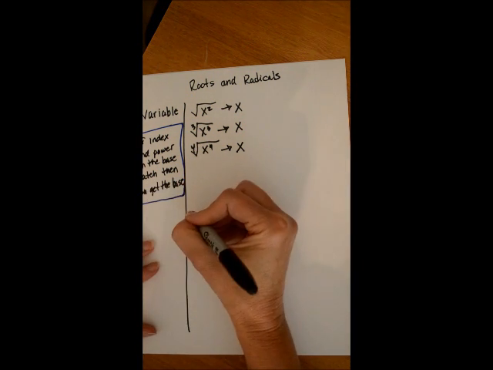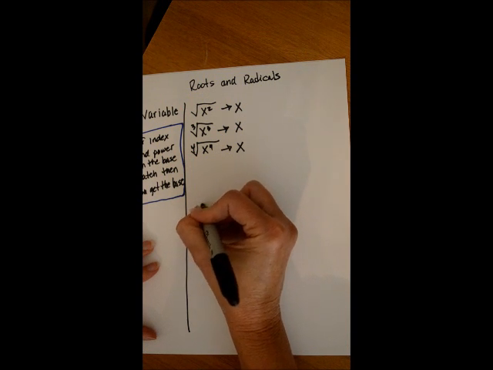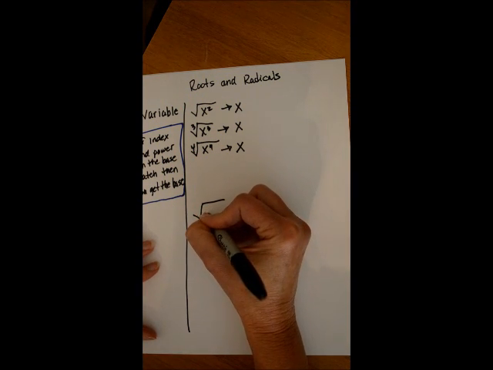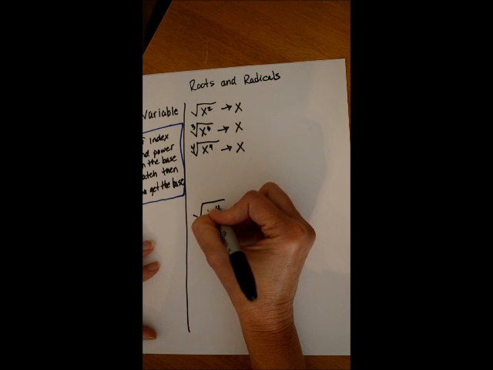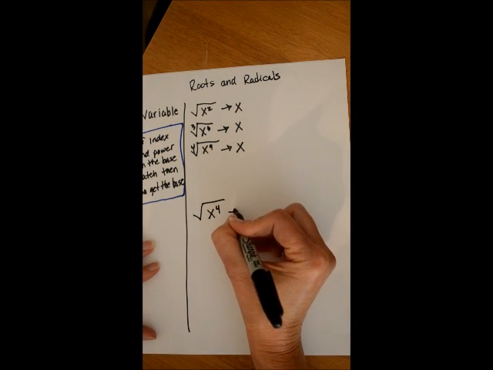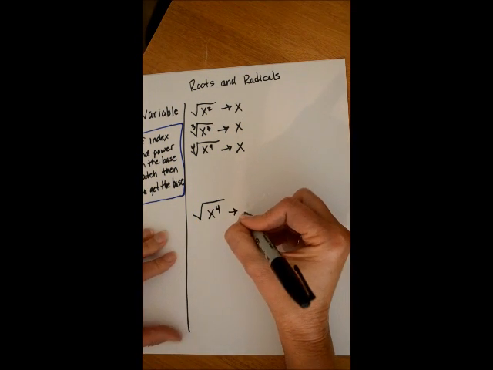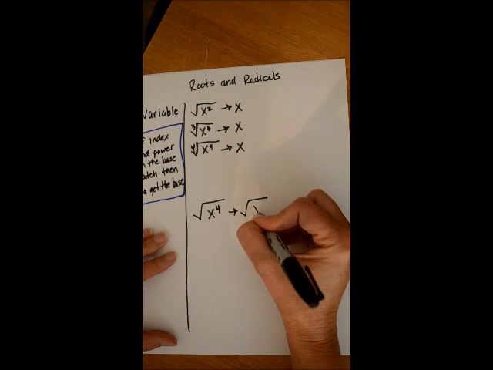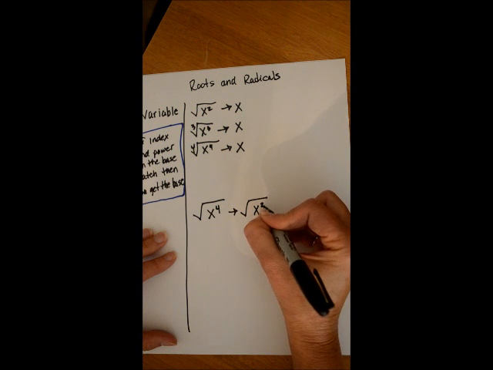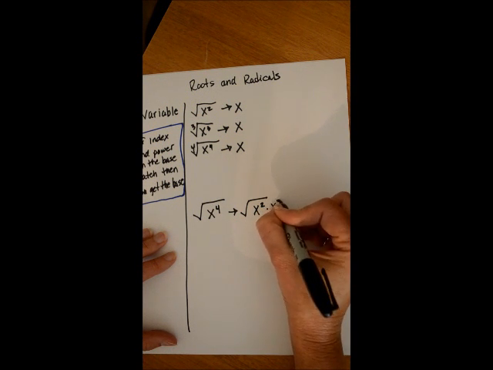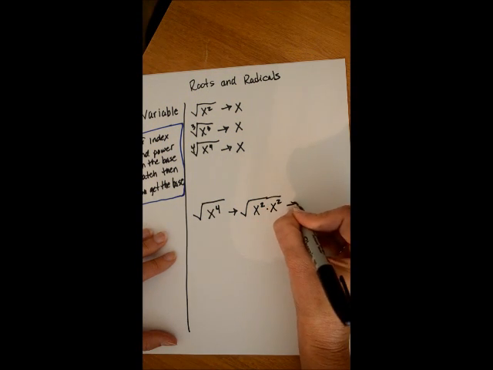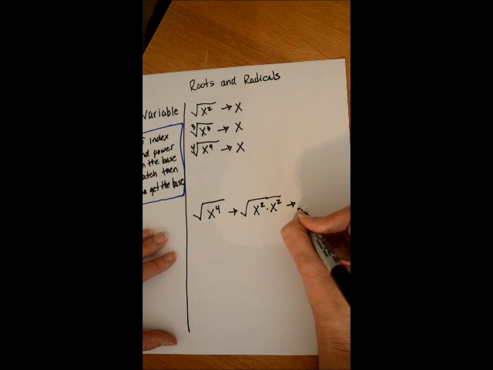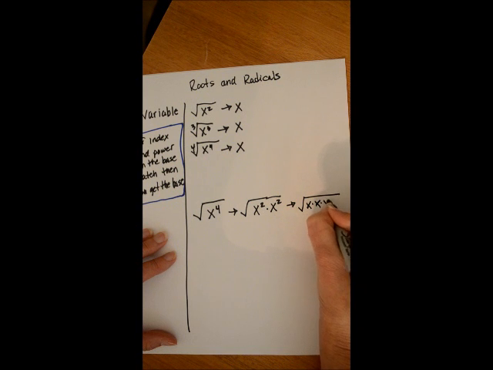How about one like this with a variable? What if we have the square root of x to the fourth? Well, this can look like this. Remember, I can take this and say it's the square root of x squared times x squared, or the square root of x times x times x times x.